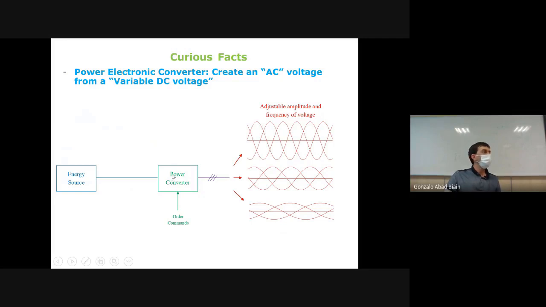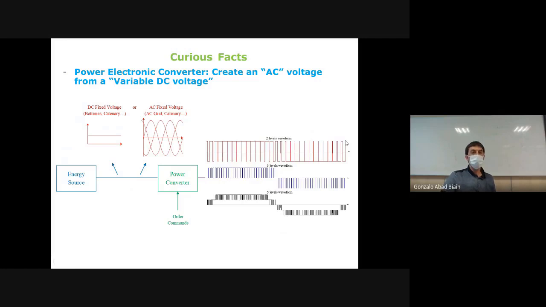And those power electronic converters do not create pure sinusoidal voltages. They create, from DC voltages, something that can be similar to an AC voltage. The standard and most widespread ones are the 2-level waveforms, 3-level waveforms, 5-level waveforms, and so on.